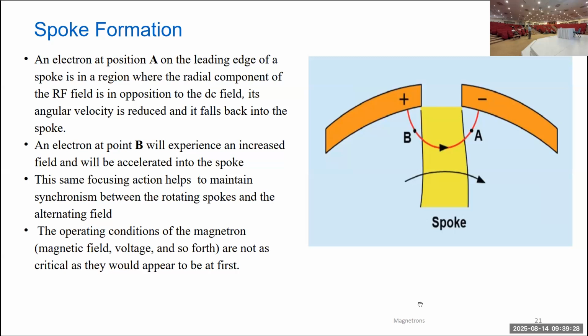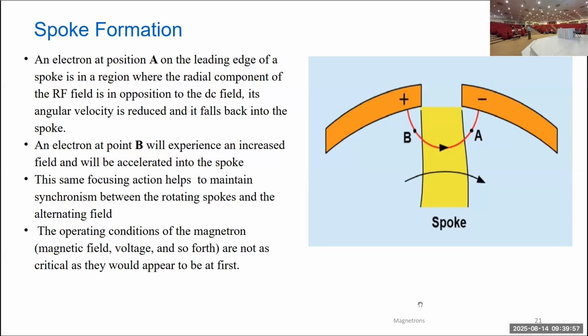Here the radial component of the RF field is opposite to the DC field. The field is applied in this direction. The radial component of this field is in the opposite direction, so its angular velocity is reduced and it falls back into the spoke. Now, the spoke extending up to the cavity is falling back.